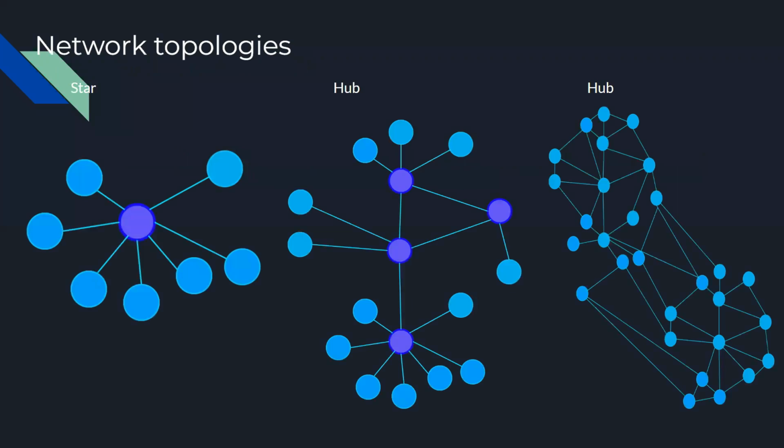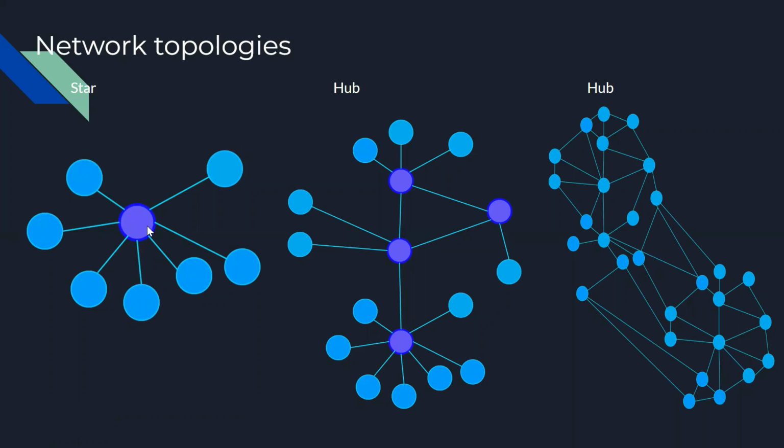So on the left there, we have what is usually called a star topology. This one has one central node, which is highlighted with purple and the blue outside. So this is the central node, and then users can connect to this to access whatever resources are available from the central node.